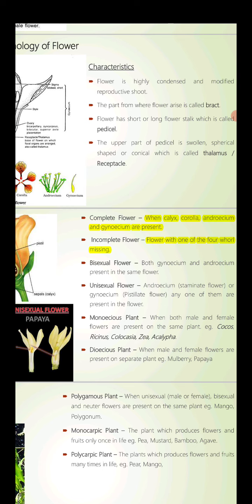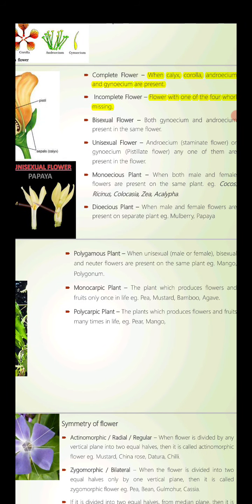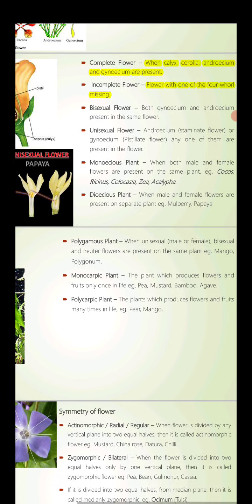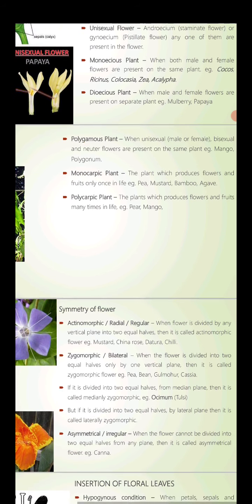Polygamous plant: when unisexual, bisexual and neuter flowers are present on the same plant. Example is mango. Monocarpic plant: the plant which produces flowers and fruits only once in life. Examples, bamboo, pea, mustard. Polycarpic plant: the plants which produce flowers and fruits many times in life.